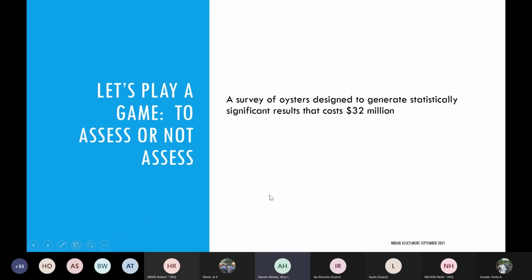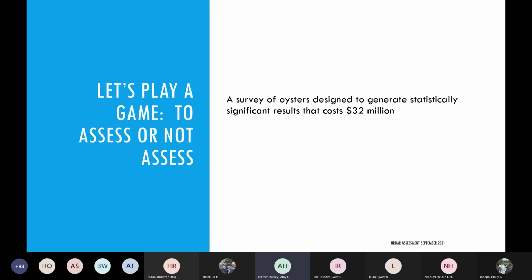Right. A survey of oysters designed to generate statistically significant results that cost $32 million. Yeah, your responses are right on, right? There's some missing information in this, like how big is your claim? $32 million for one study is a lot of money.